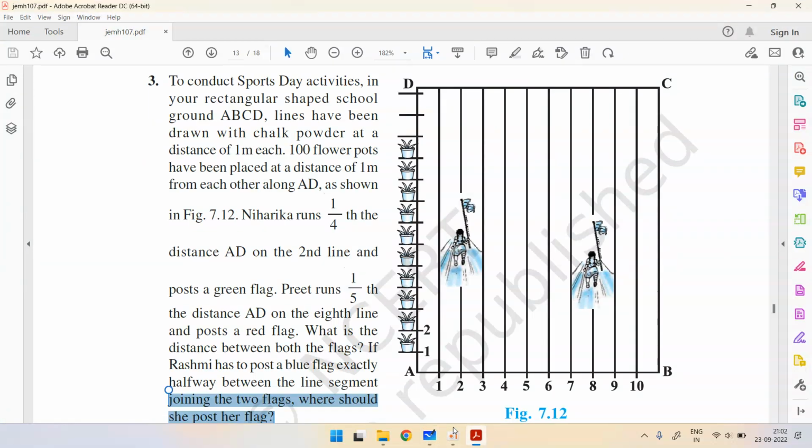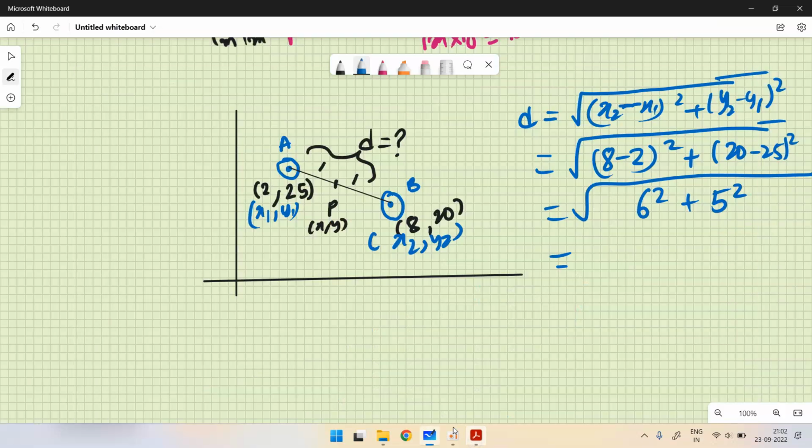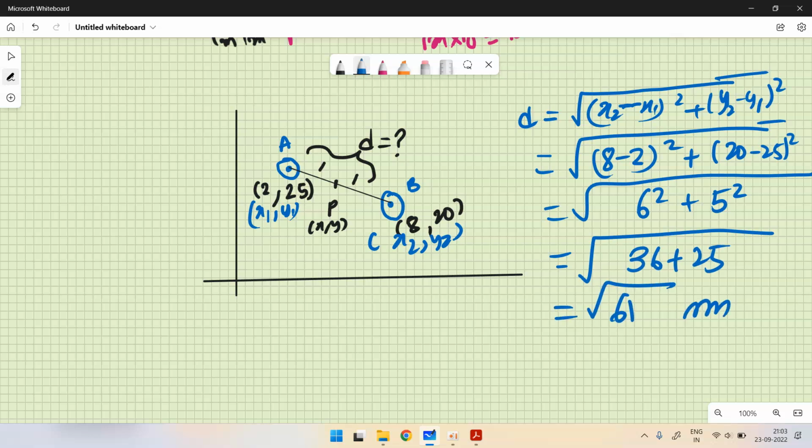Here x is 2 and 8, and y is 25 and 20, so 8 minus 2 is 6, and 25 minus 20 is 5. Six squared is 36, five squared is 25, so this is under root 61 meters. Since all are in meters, the answer will be in meters. Now, what is the point P?